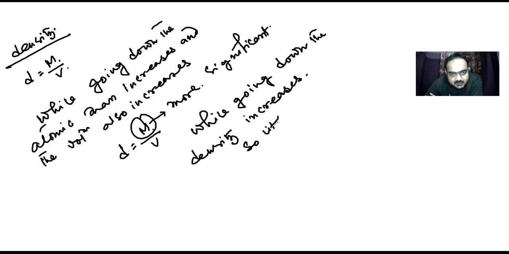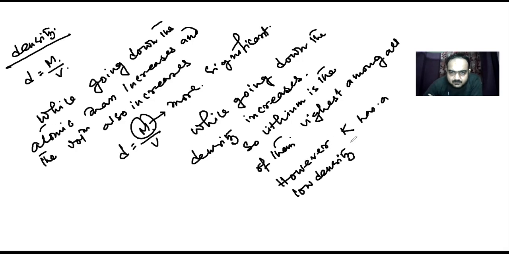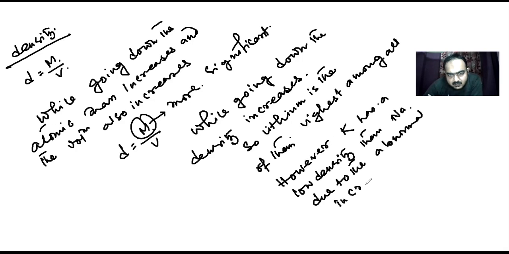So lithium is the lightest among all of them. However, potassium has a lower density than sodium due to the abnormal increase in size, increase in radius.